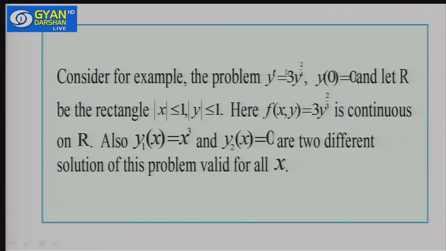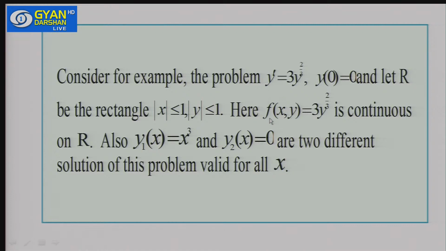Now as I was discussing, see this example, y dash equal to 3 y to the power 2 by 3, in this rectangle. It is continuous here, and there are two different solutions. As I was discussing, this doesn't satisfy the Lipschitz condition, you can verify it. Then you have two different solutions. Here f is continuous on R also. So y1 equal to x cubed and y2 equal to x to the power 0 are two different solutions of this problem, valid for all x.